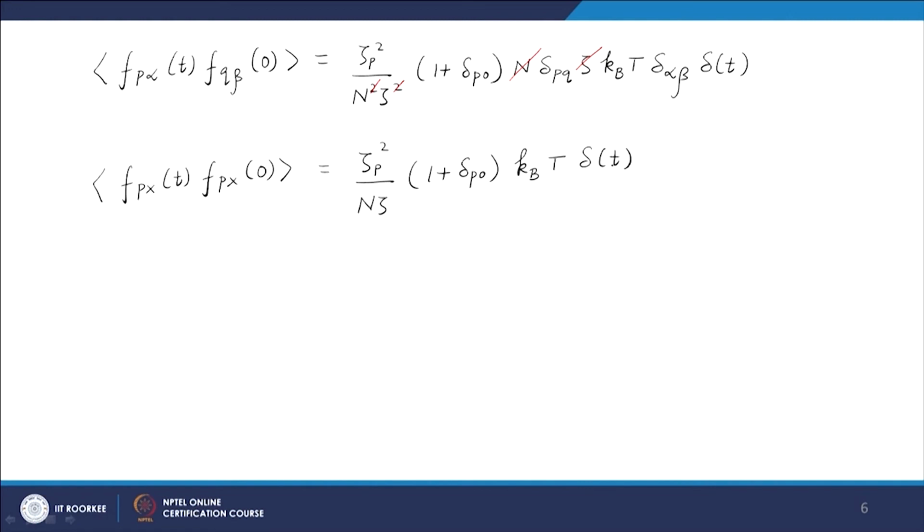Okay. So, now we have demanded that f p x t f p x 0 is equal to 2 zeta p kbt delta t.